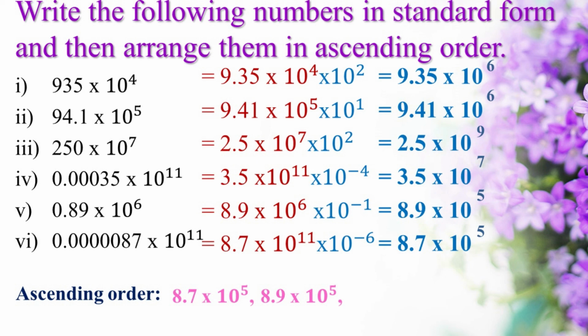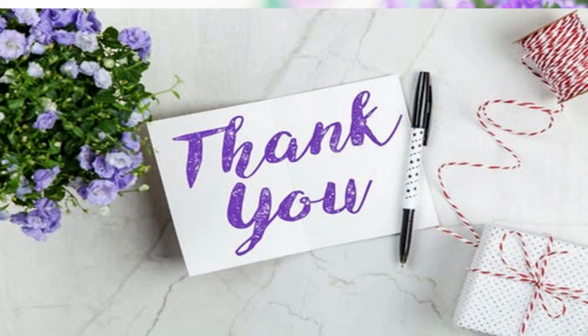As 9.35 into 10 to the power 6 is smaller, we are writing it third, and 9.41 into 10 to the power 6 as the fourth number. Now, the fifth one is 3.5 into 10 to the power 7, according to the power. And finally, 2.5 into 10 to the power 9. Okay. You understood? Thank you.